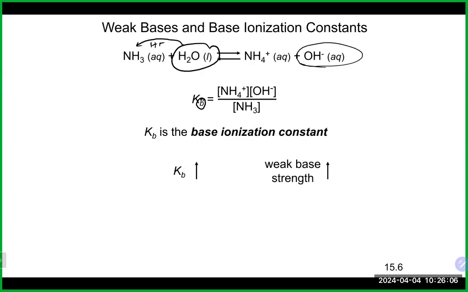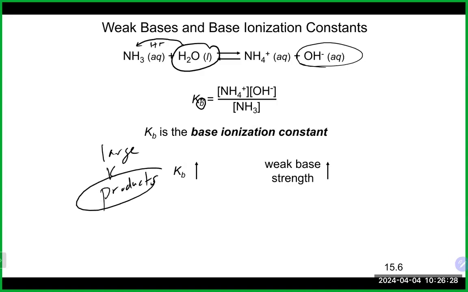In this case, just like Ka, if the Kb value is a larger value, it will be a stronger weak base in that sense. And for the same reason, because it is still an equilibrium constant, when we have that large value here of K, it means we should have products.